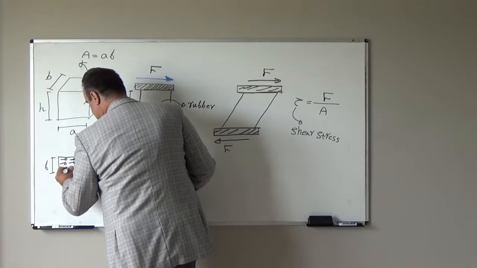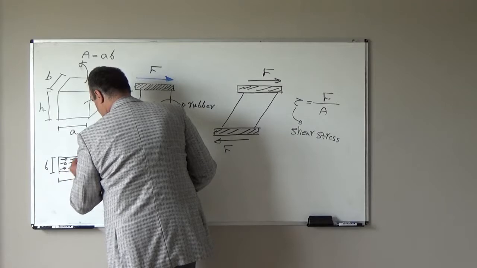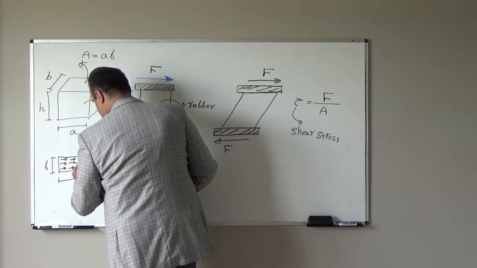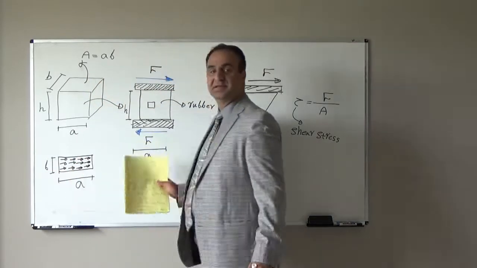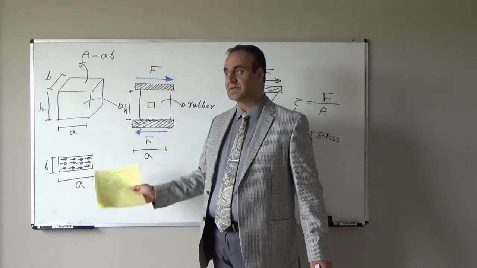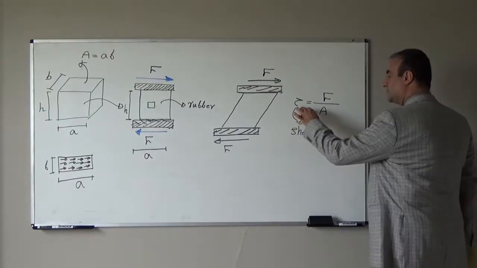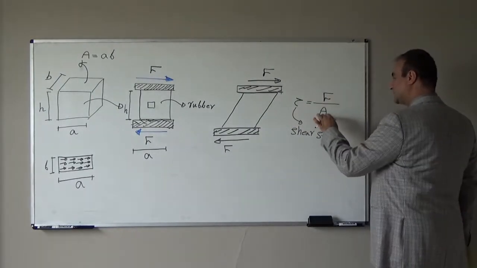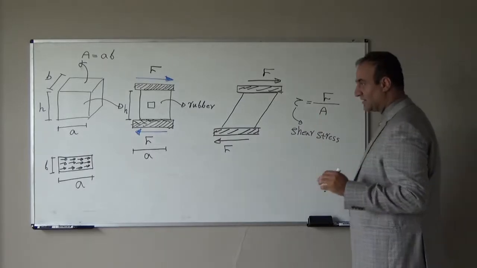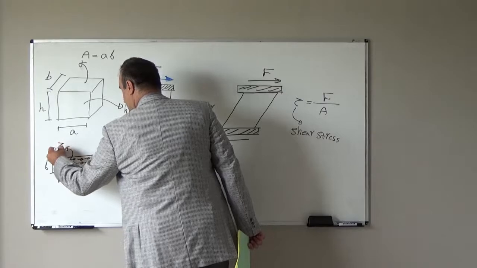Of course, the distribution will not be uniform and will depend on the shape of the cross section, but assume the average is uniform. The average magnitude we show with tau. It is the total force divided by the cross-sectional area.